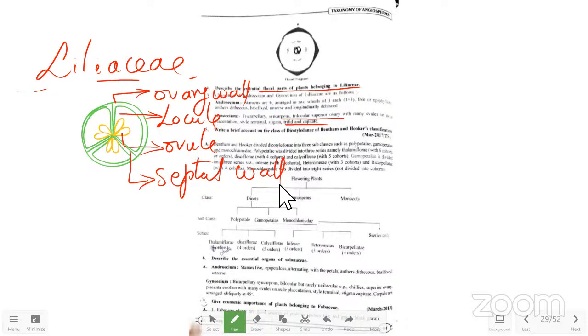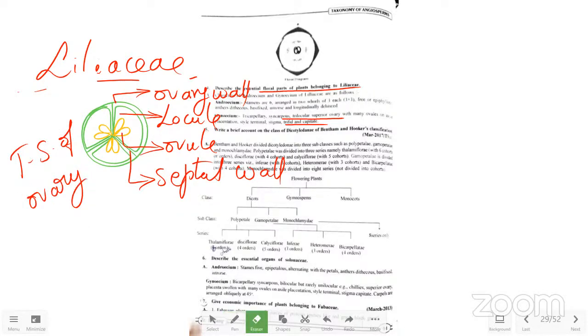Everything we have said, we have shown over here in the two diagrams, including the androecium and the gynoecium. This is the way how to make the answer in the diagrammatic manner. Diagram also carries the marks, so be clear in drawing the diagram also. This is the entirely TS of ovary. The heading is TS of ovary.